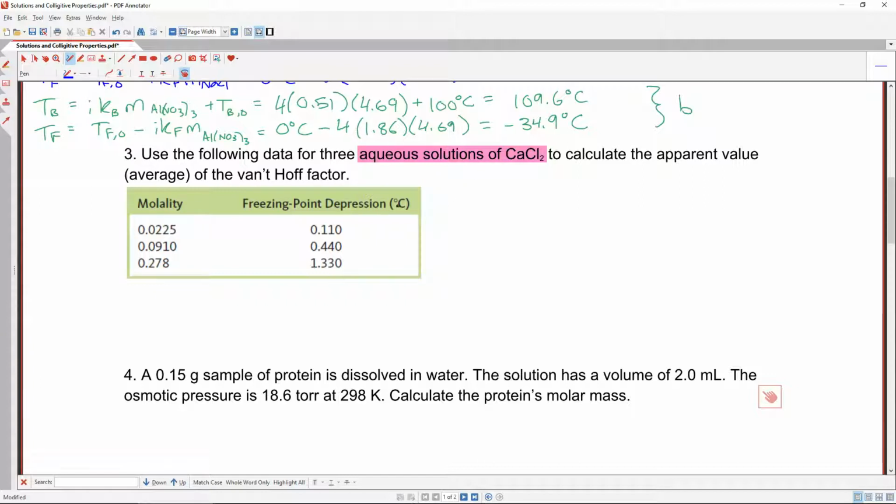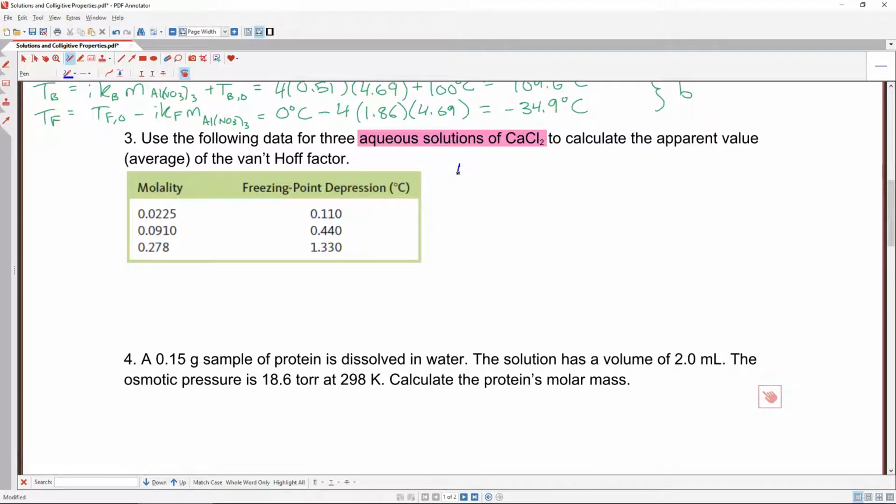Okay, so going back to before, we know that delta T is equal to i, and we're dealing with freezing point here, so Kf, and then times our molality. Right, this is molality of calcium chloride.